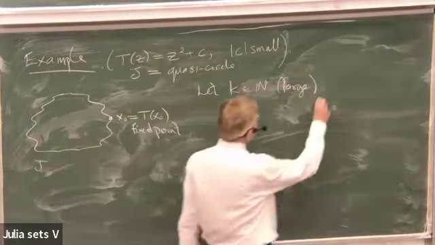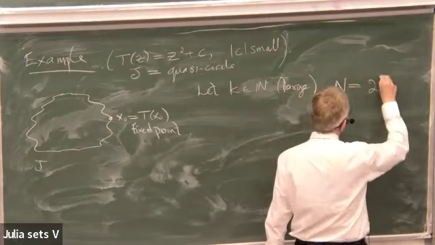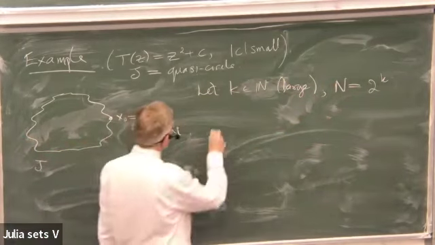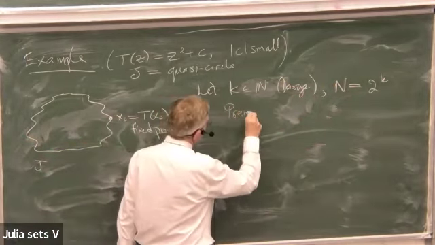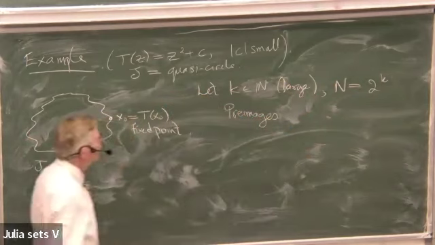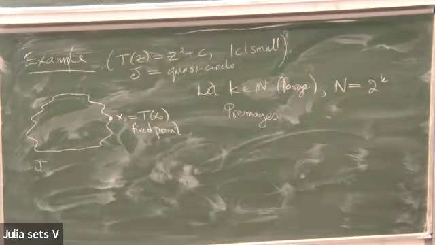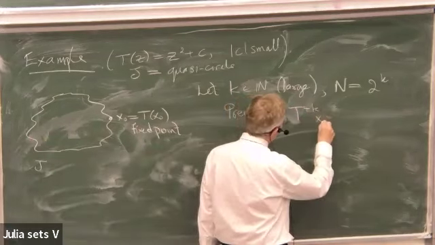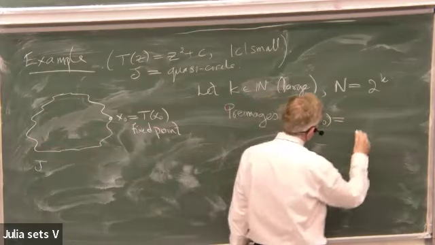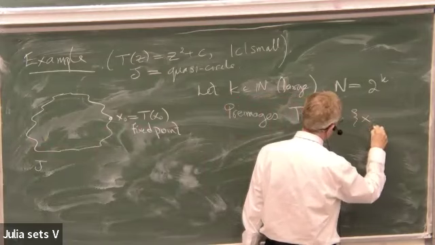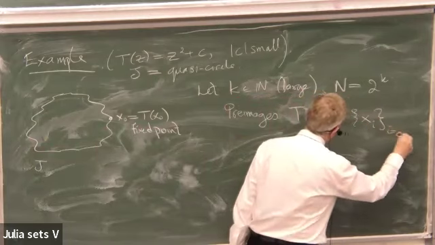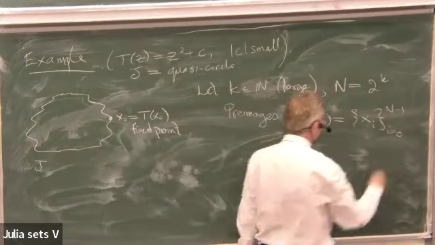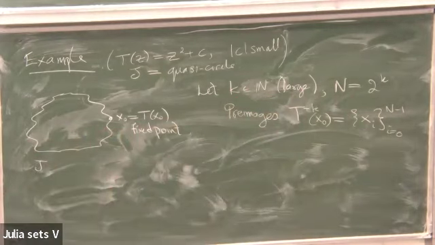And then I'll take n to be, say, 2 to the k. In particular, I want to look at pre-images under the map T to the k of the point x0. So I look at T to the minus k applied to x0. And this will give me some collection of points, which I'll call x subscript i. This is a fixed point, so x0 should be one of them. And we're going to go up to, hopefully, n minus 1, maybe. There's always room for error in these things.